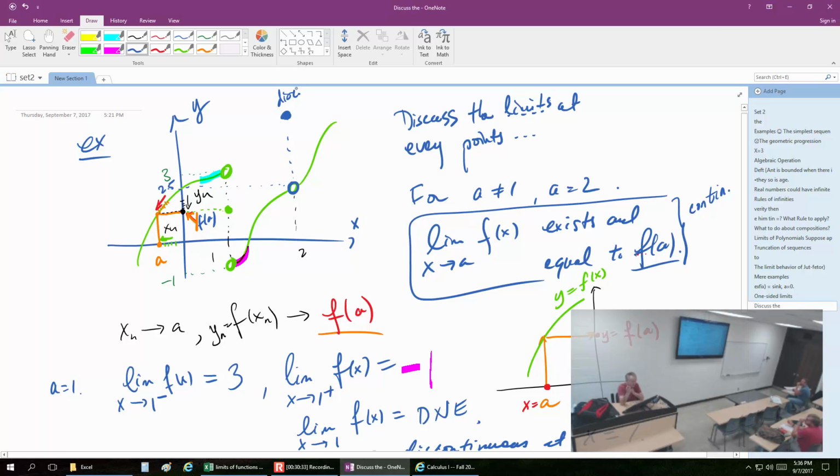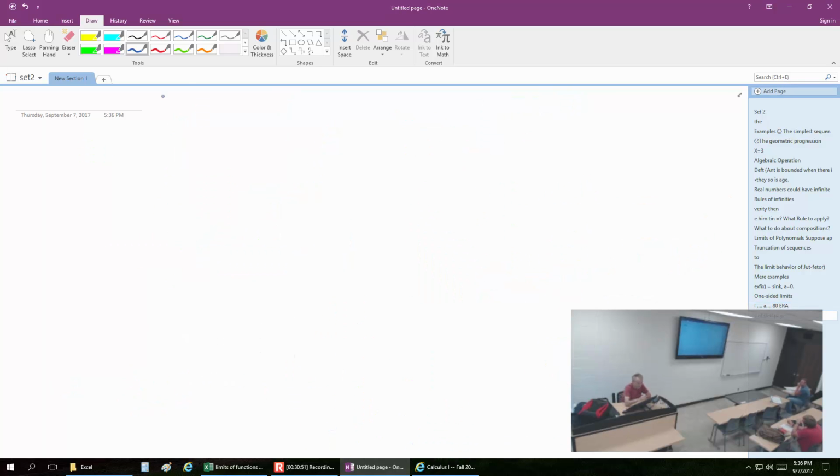Okay, so that's how we define it, and that's how we can continue doing it. So we'll revisit this a bit later, one-sided limits, so we have defined them, but the continuity we'll review later on. I want to move on to the algebra of limits.